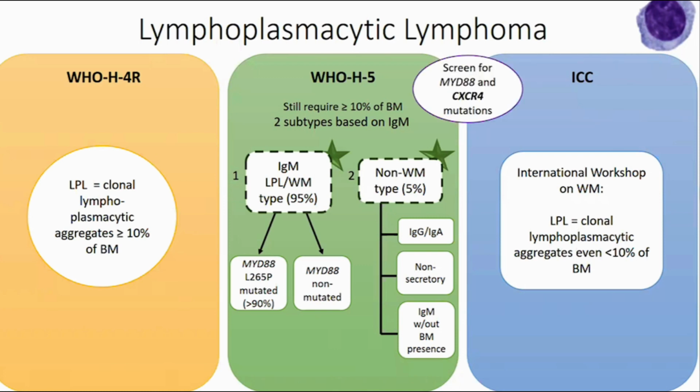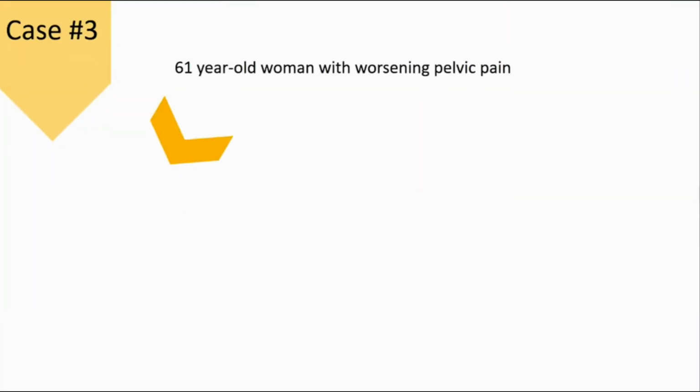So additionally, both new systems do recommend looking for that MYD88 and CXCR4 screening, especially because CXCR4 does have some other information associated with it, such as hyperviscosity, and I think the CXCR4 mutation LPLs can have some resistance to things like ibrutinib.